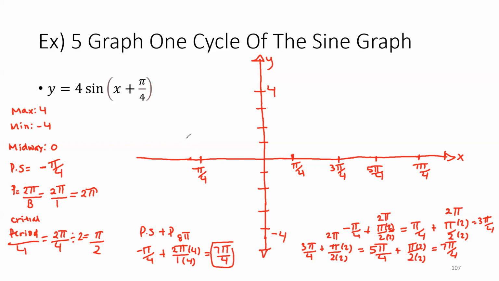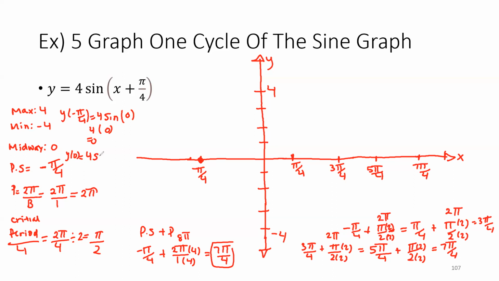Okay, so now what we're going to do is plot some of these points. So let's plug in negative pi over 4. Negative pi over 4 plus pi over 4 is 0. Sin of 0 is 0. Then let's plug in 0 and then pi over 4, just to be sure.